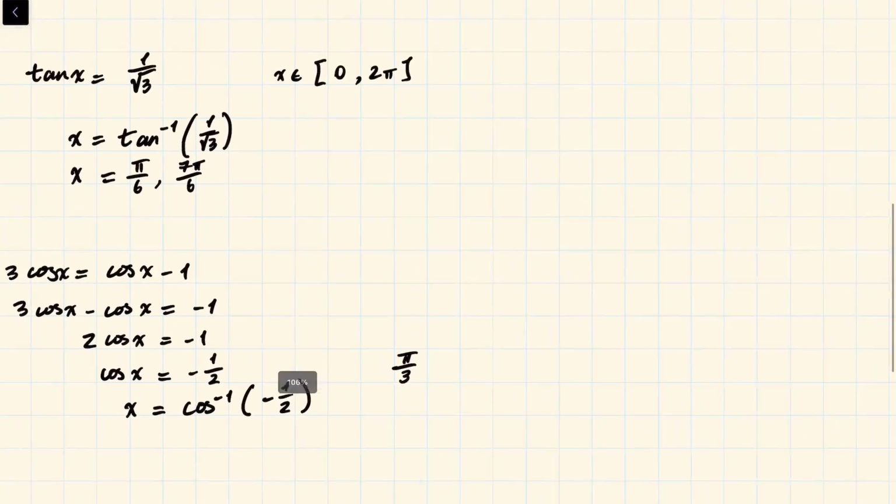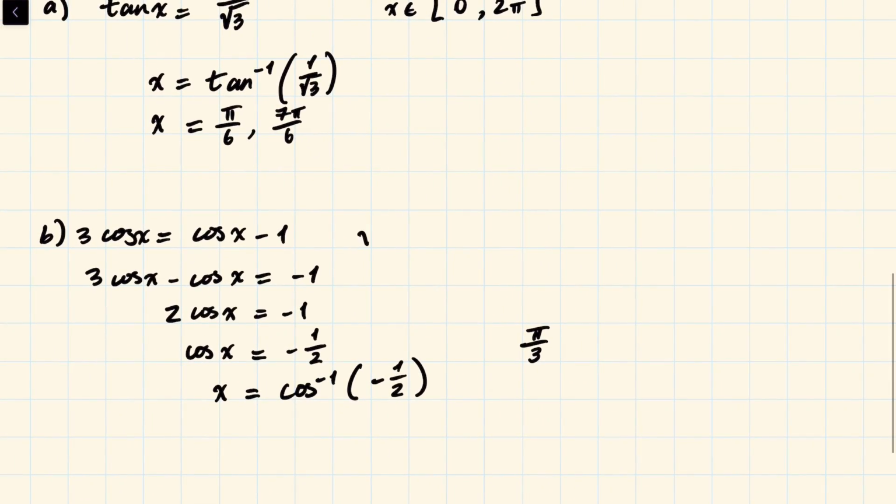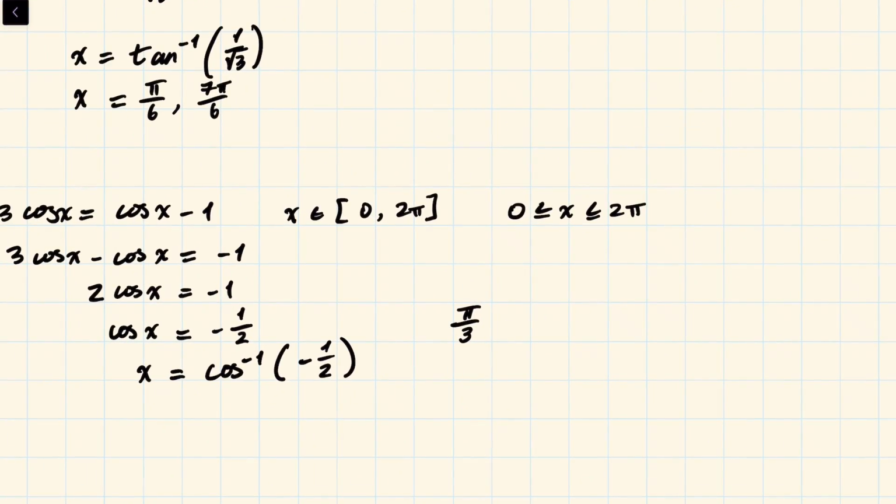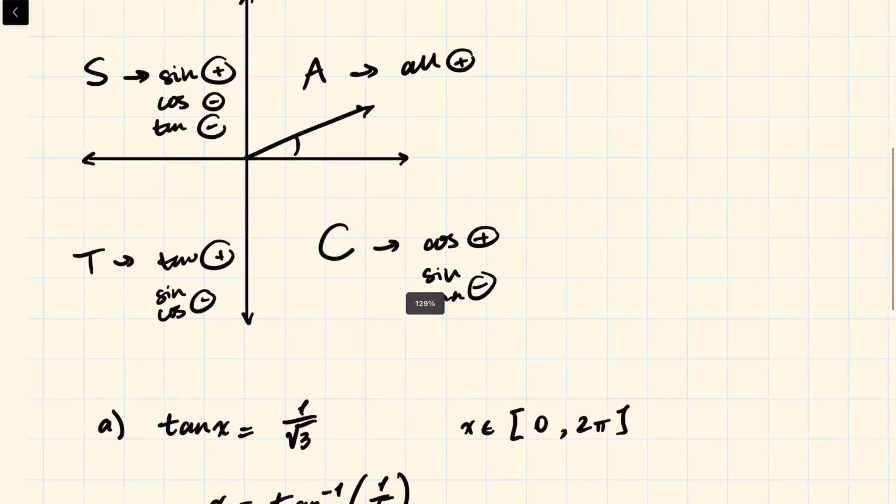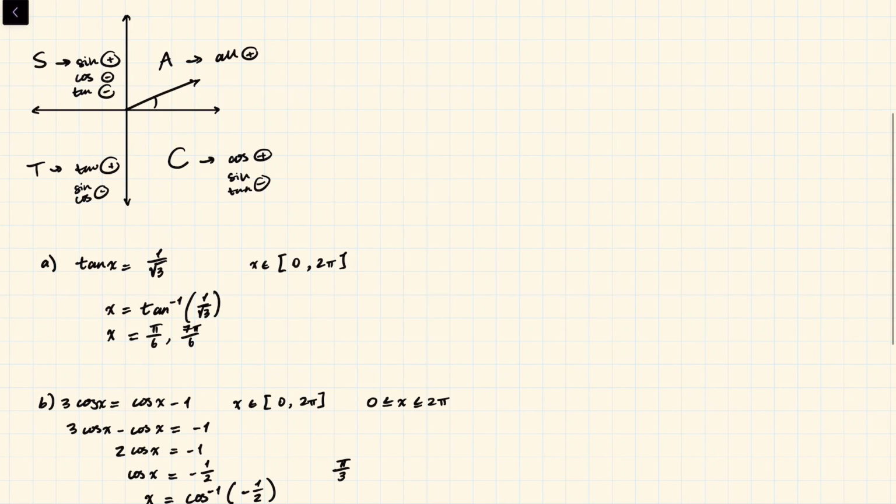And now we need to ask ourselves where, when x belongs to the interval 0 to pi, which, by the way, is the same thing as saying 0 is less than or equal to x is less than or equal to pi. Okay, so where within that interval is the cosine going to be negative, right? Cosine's positive here, we don't want that. Cosine's positive here, we don't want that. So it's just these two quadrants.